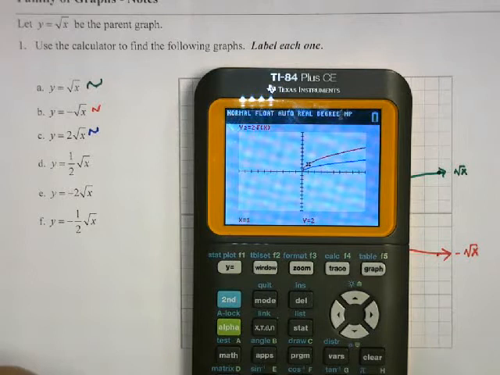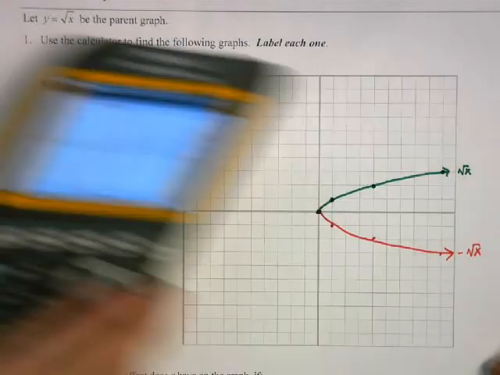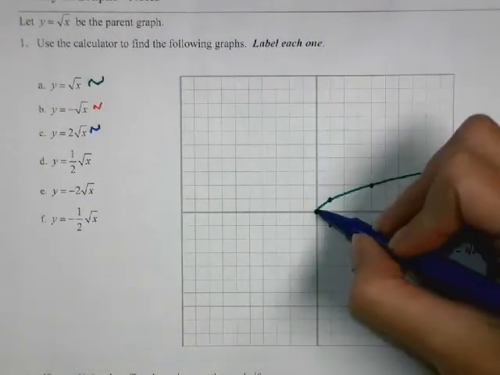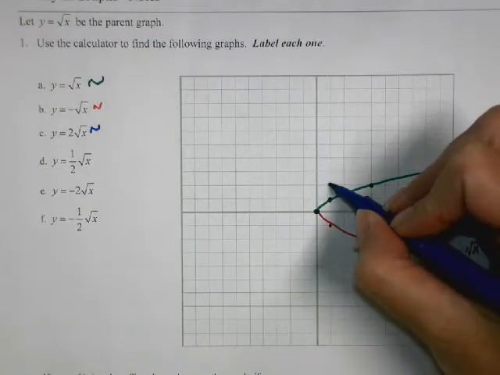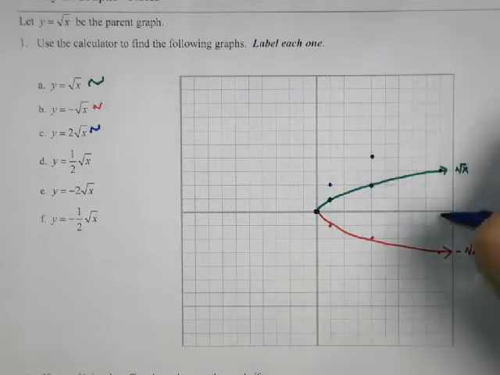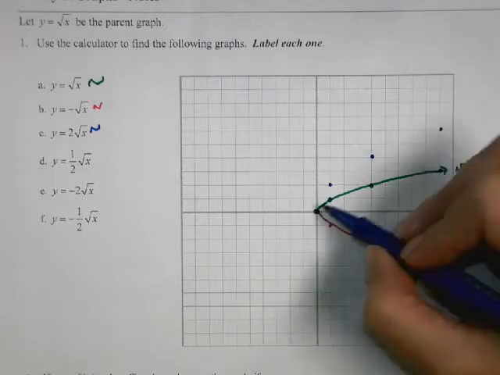And if I trace to 1, it's at 2. If I trace to 4, it's now at 4. If I trace to 9, it's now at 6. So what it's doing is it's dragging these points by a factor of 2. So it's still at (0, 0), but 1 is now at 2, 2 is now at 4, 3 is now at 6.